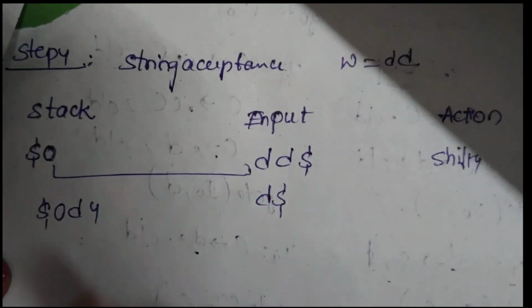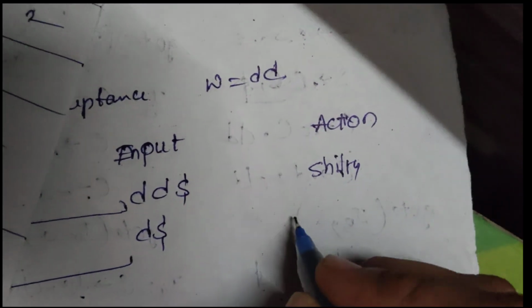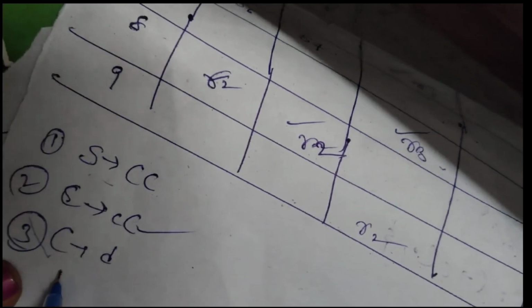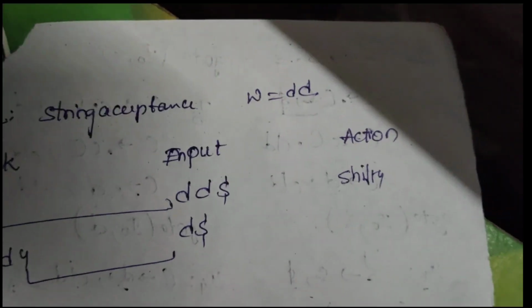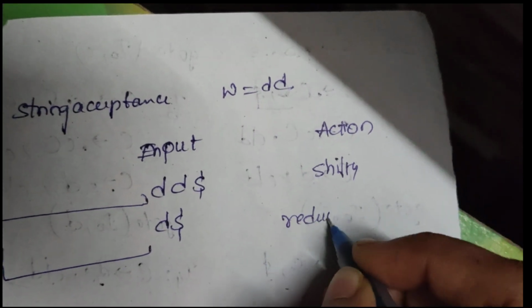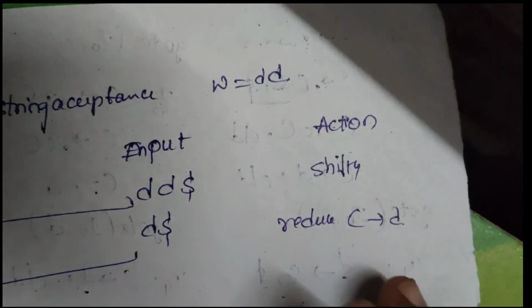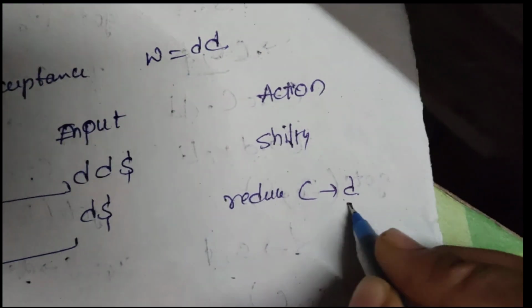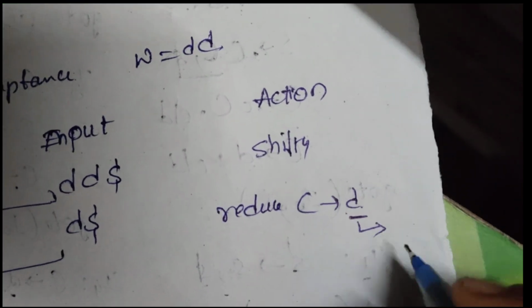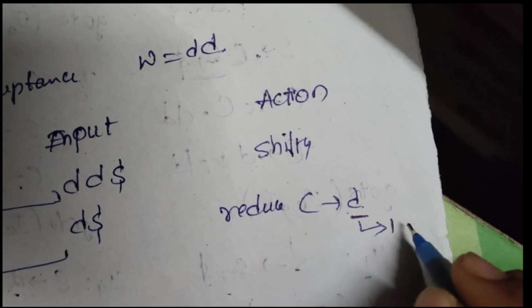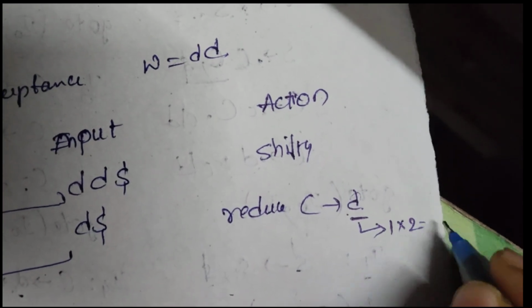D dollar. Now 4 and D. What is 4 and D? 4 and D is reduce by 3. So reduce. What is the third production we have? This one. So you need to write reduce capital C produces D. Check the length of this. What is the length? Only 1. In the right side only one element. So 1 into 2, that is 2.